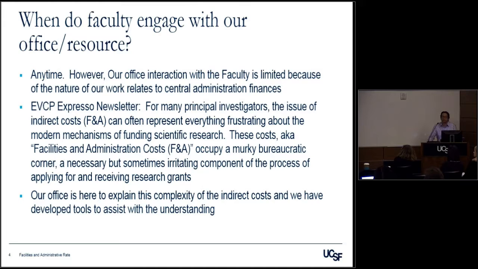But I want to take this middle bullet here from the EVC Espresso newsletter, a quotable quote: for many PIs, the issue of indirect costs can often represent everything frustrating about the modern mechanism of funding scientific research.